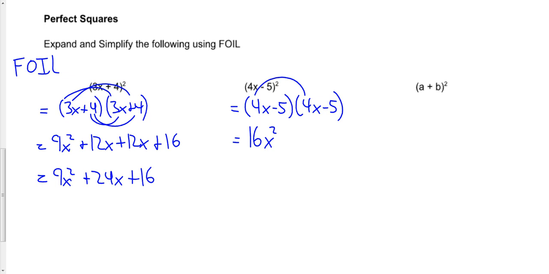Then we multiply 4x times negative 5, and that gives us negative 20x. Then we multiply the inside terms of negative 5 and 4x, so that's another negative 20x. And finally we multiply the last terms, negative 5 times negative 5, which is positive 25.